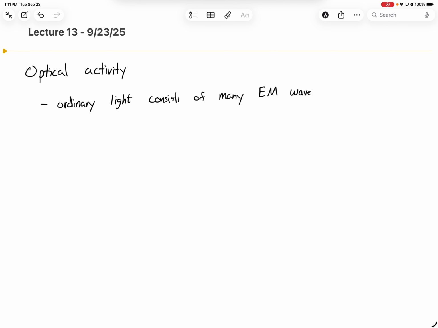So many EM waves here that move in different planes. By planes, I mean, I guess you could call it dimensions, but planes like flat surfaces in many directions, okay? Many move in many different planes.